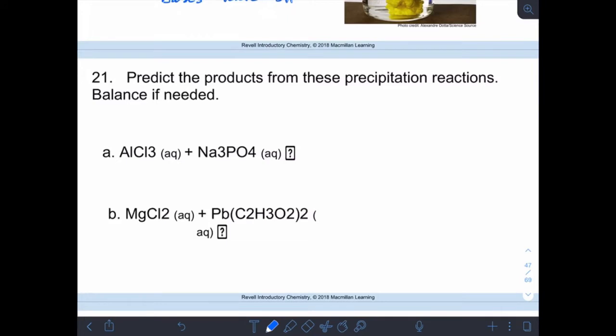Okay, so this should be an arrow. Sorry, sometimes when I put these things in my device, the symbolism doesn't always come with me. All right, so when I put two aqueous things together, the last time we saw this, what did we do? We did a double displacement reaction.